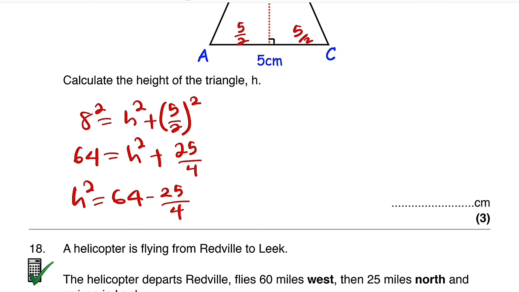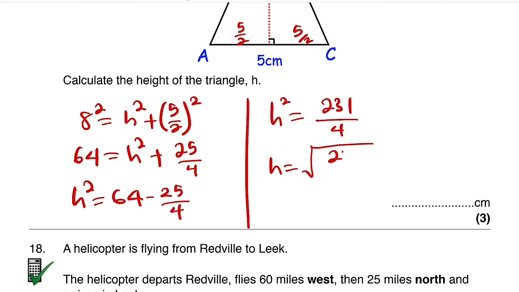That will give us 231 divided by 4. h squared is equal to 231 divided by 4. And finally, h will be equal to the square root of 231 divided by 4. And this is equal to 7.6 cm in 1 dp.